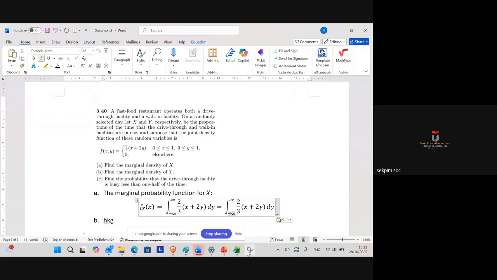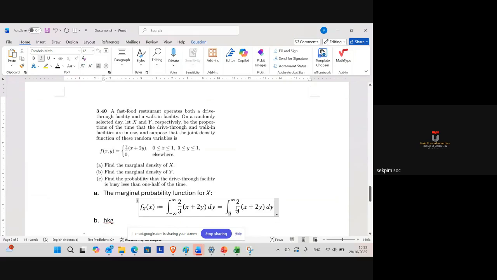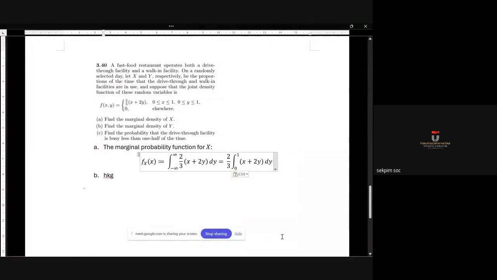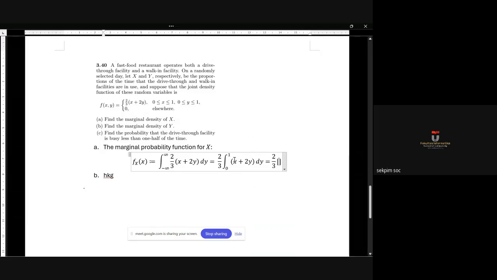So we just take the integral from 0 to 1 because the rest of it gives us 0. And we can also take the constant 2/3 outside of the integral. So this integral equals 2/3 times the integral over y.